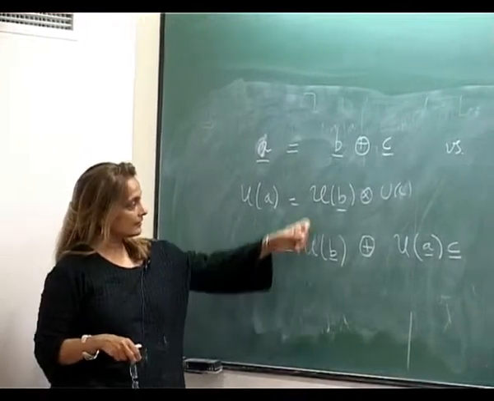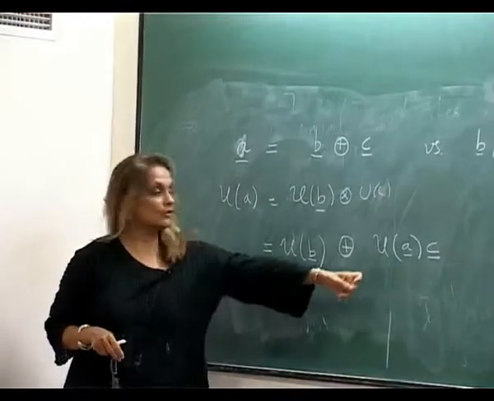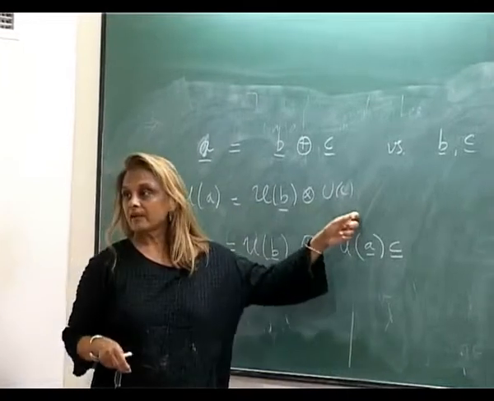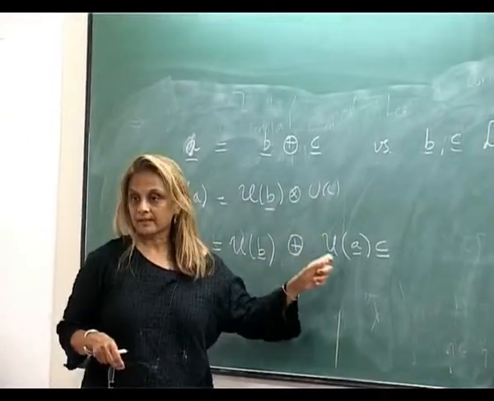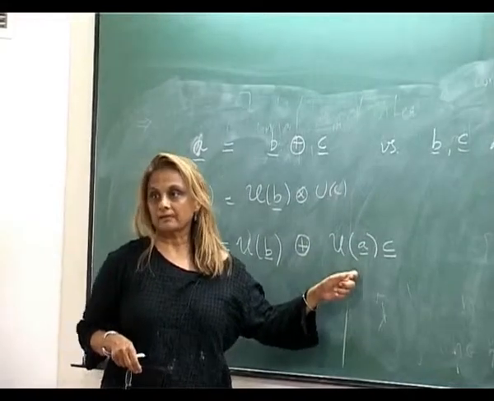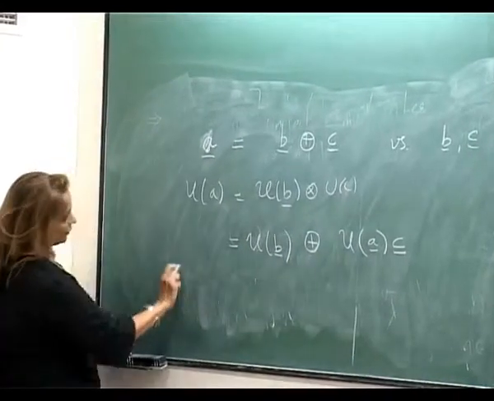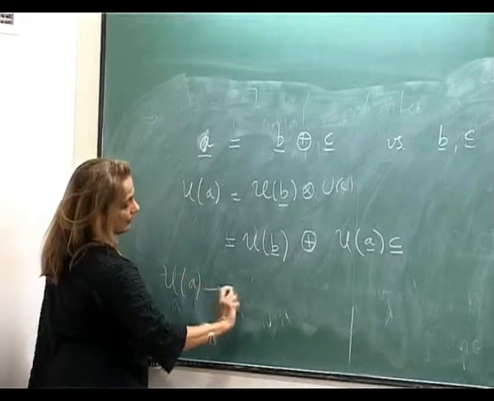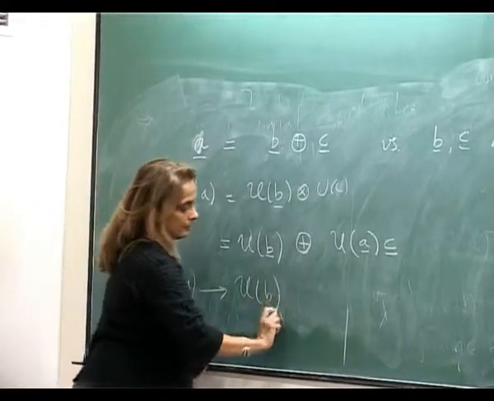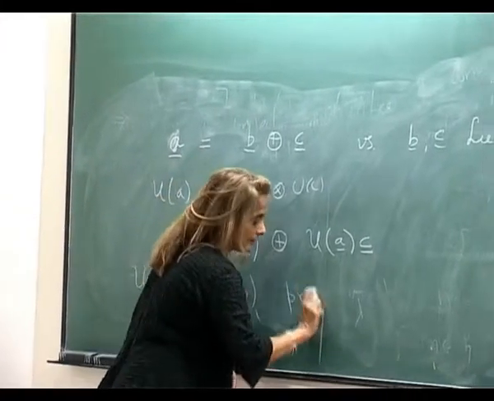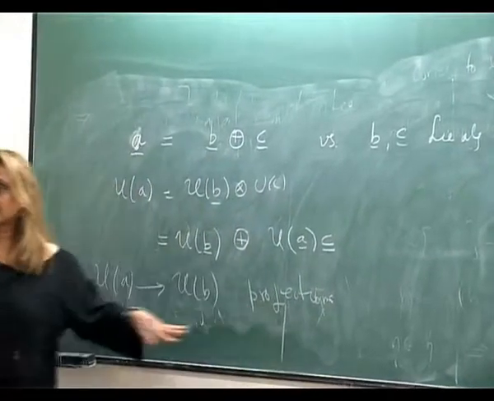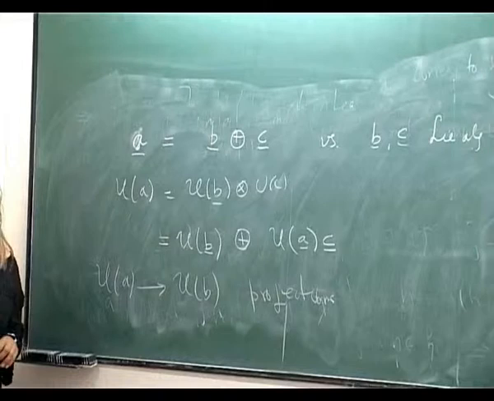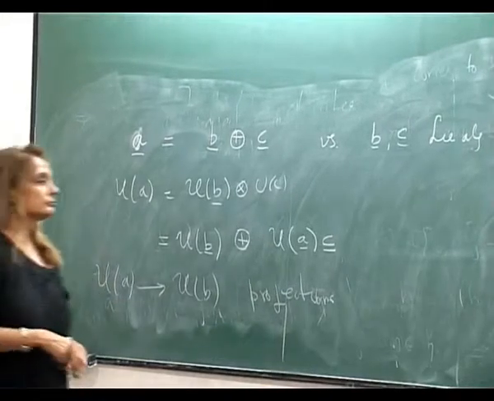What that means is you isolate U of B, and then you take the ideal in U of A generated by C. So the Poincare-Birkhoff-Witt theorem tells you that this is equal to the direct sum of these two vector spaces. And then you can take the projection from U of A to U of B. This is a projection. I'm not claiming these are Lie algebra maps or associative algebra maps, but these are vector space maps, and I do have these. Okay. So this is something you can do.